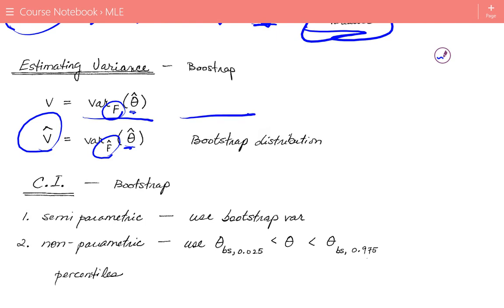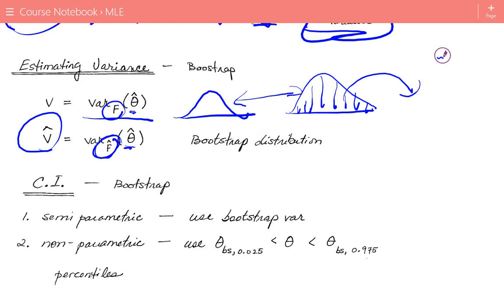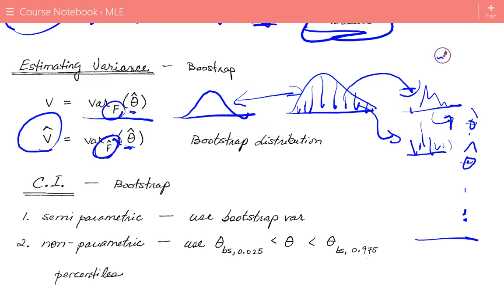And again, what that means is I have a true population distribution, I have a sample, and I assume that the sample is providing me a good estimate of the distribution, as if it were a population. So now I'm going to sample from this sample to get a bootstrap set of data from which I will get a theta hat, and I will bootstrap again to get another sample, which will vary by sampling, and I'll get another theta hat. From all of these theta hats, I get a distribution of the theta hats. So the variance is going to be the variance of this distribution.